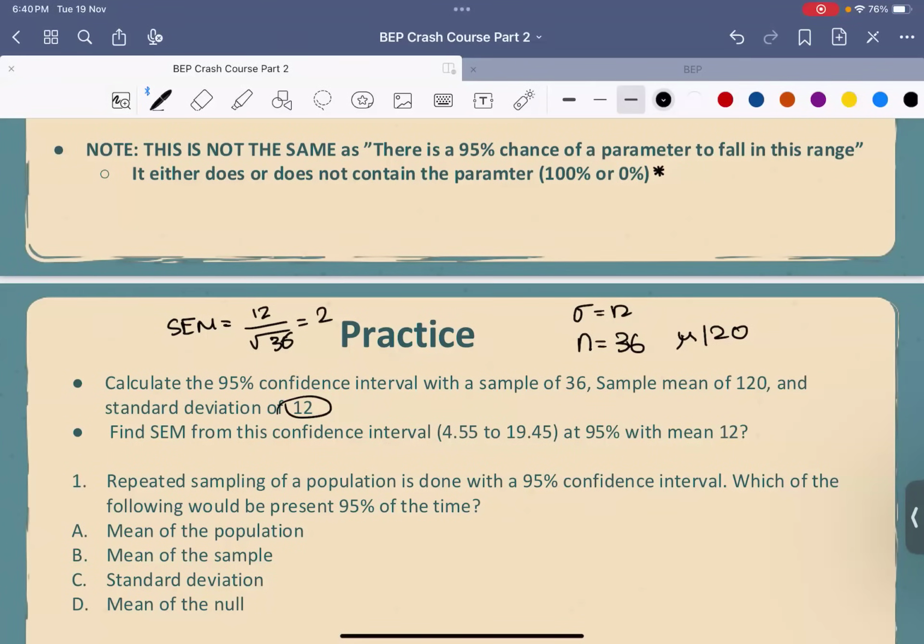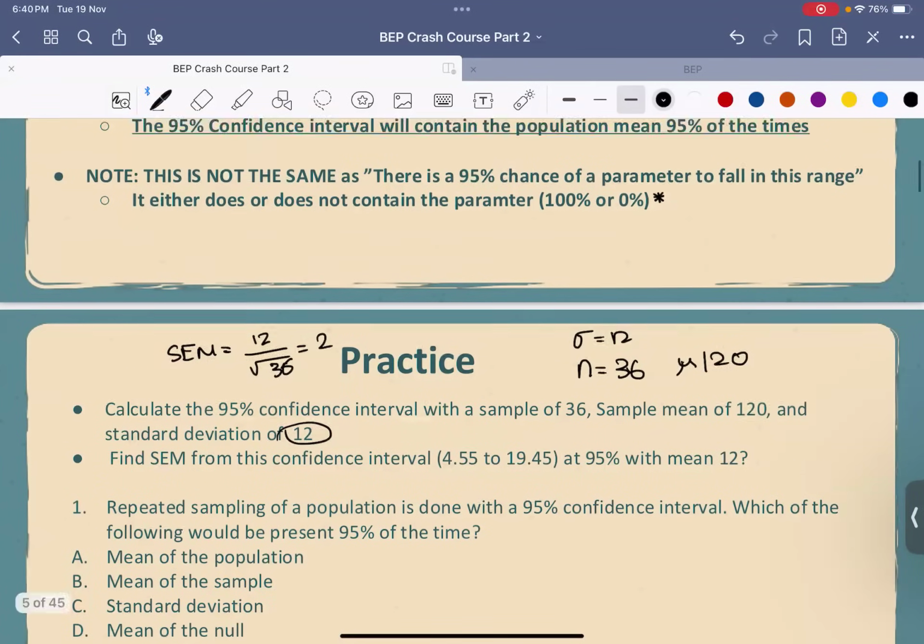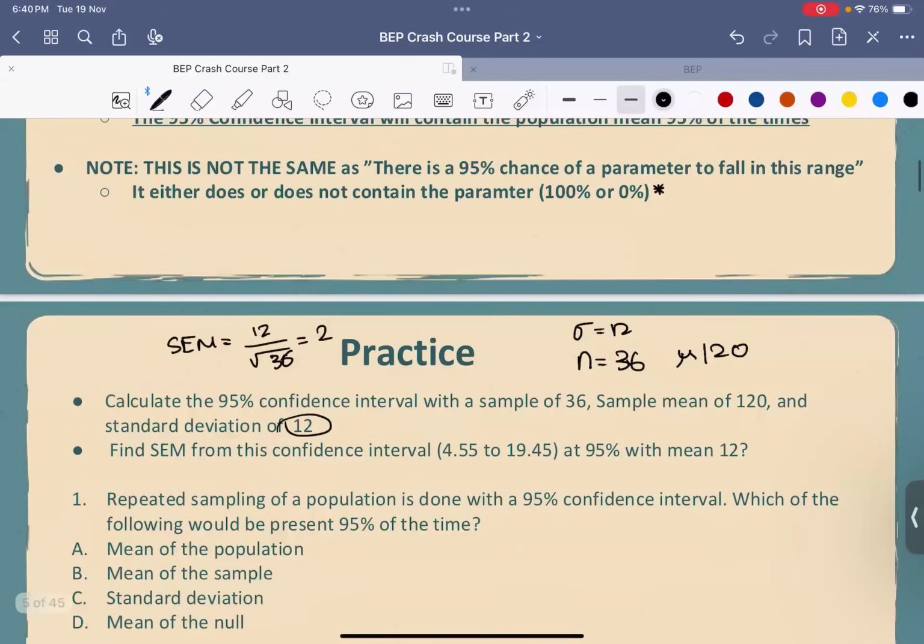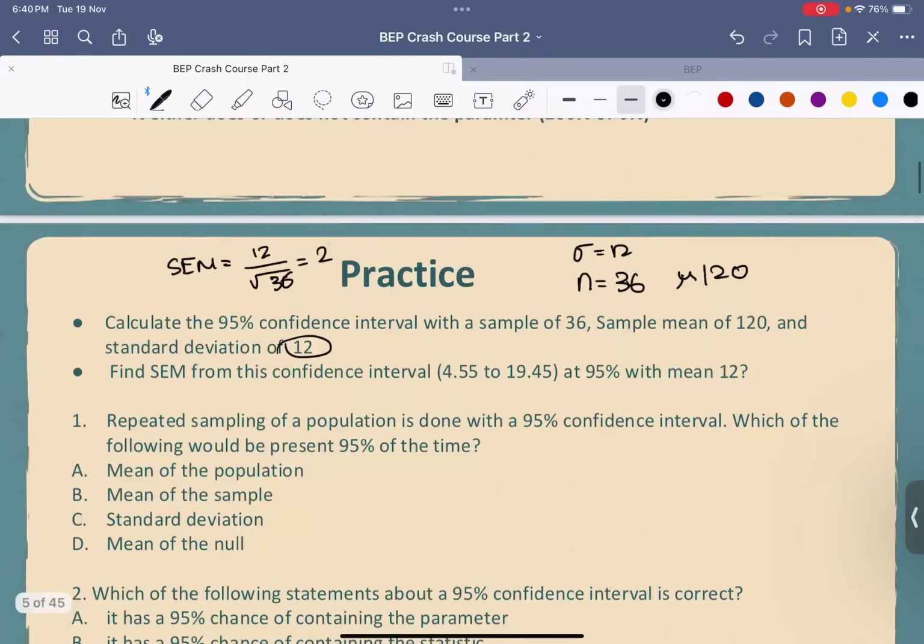Then we use this equation: the mean, which is 120, plus and minus 1.96 times 2. Let me calculate it. 1.96 times 2 is 3.92.